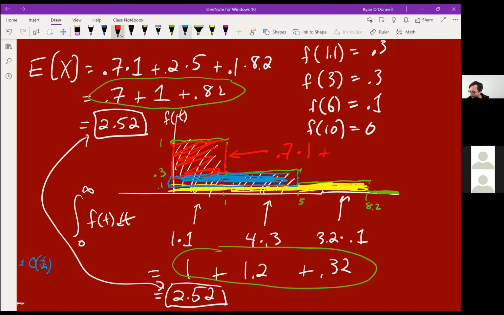And then the blue, the height is 0.3 minus 0.1, which is 0.2, times the width 5. And then the yellow guy, the height is 0.1 and the width is 8.2. Aha, you see this calculation is the same as this.